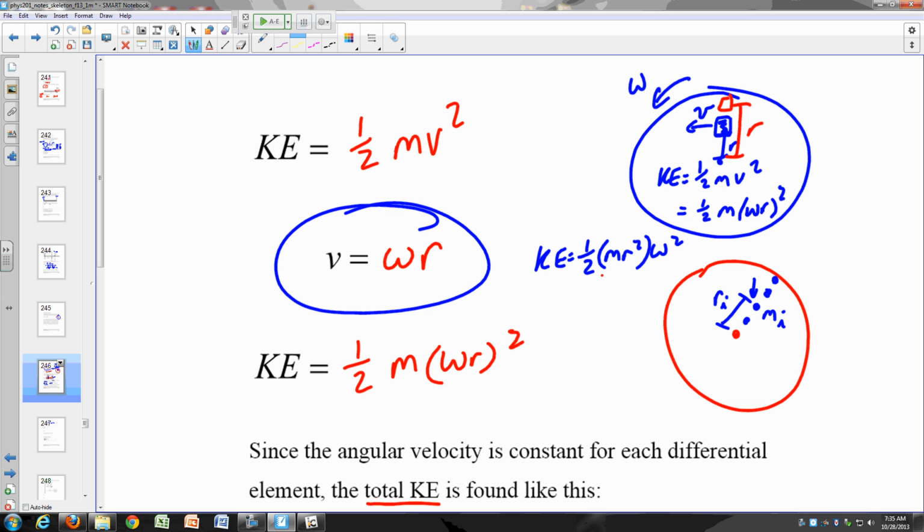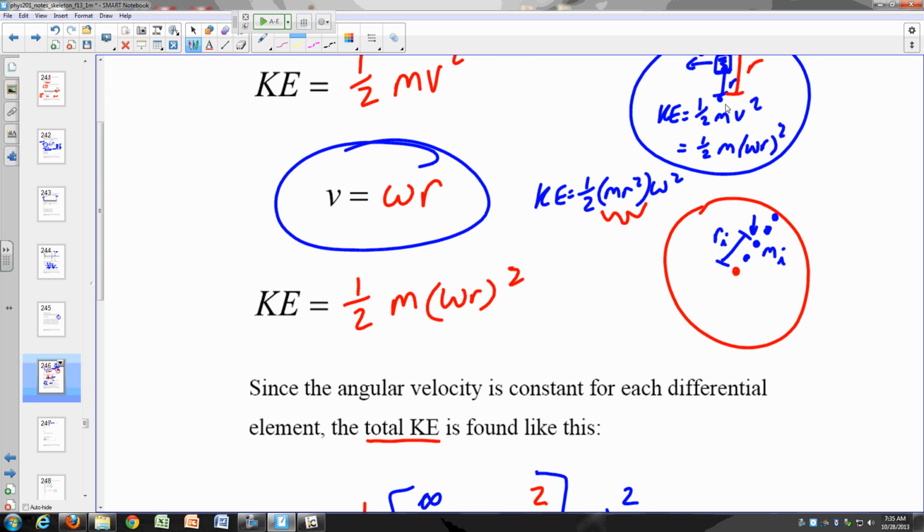So this term, m r squared, is going to be different for every little element of that rotating body. And that m r squared we call the moment of inertia. And that's where it comes from in this thinking of energy in this way.